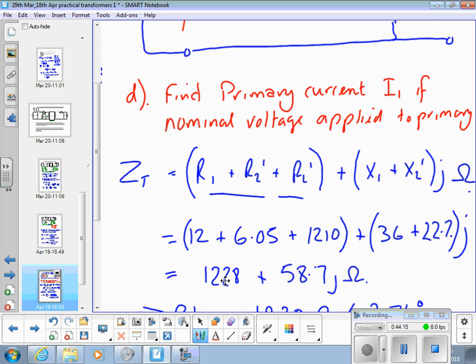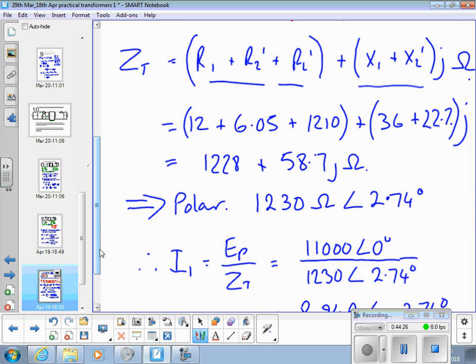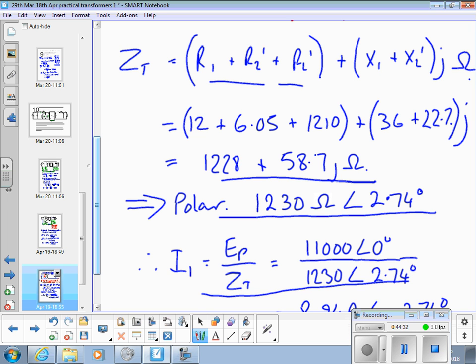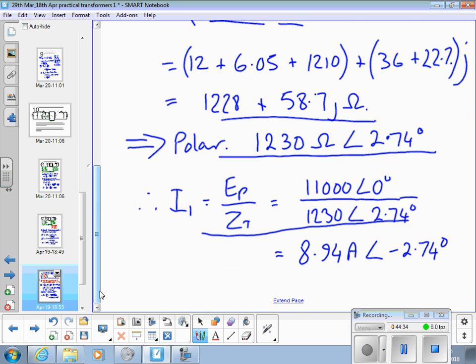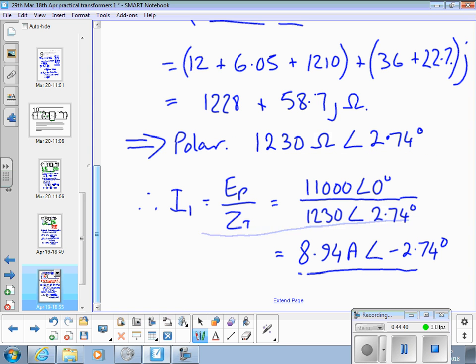We can take all of the in-phase components and all of the out-of-phase components separately, multiplied by j, combine them together to get a rectangular total impedance, and then we've converted that to polar, and then used that in Ohm's law to calculate primary current of 8.94 amps, angle minus 2.7.